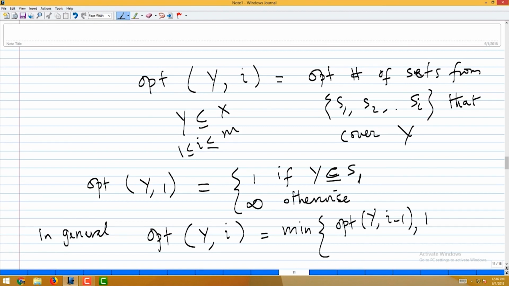So, it is 1 plus opt of, with the first I minus 1 sets, I do not need to cover Y now, only Y minus Si. Again I have computed it before, because in my table for every smaller I I have computed it for every subset. So, in particular Y minus Si is also there.